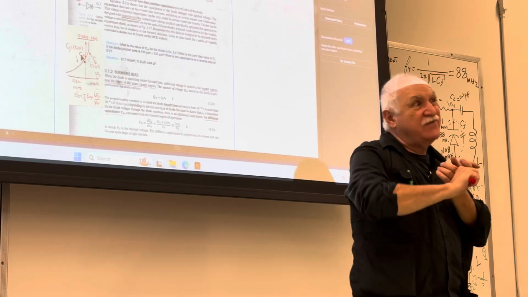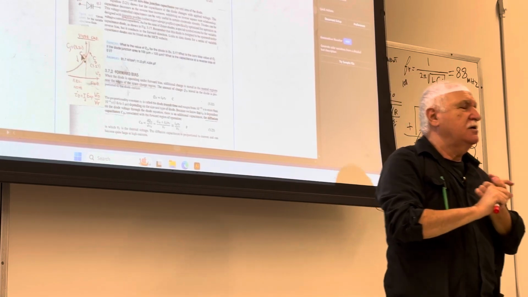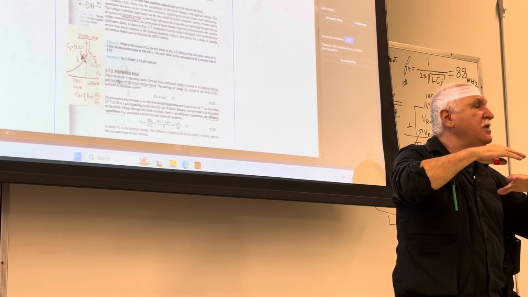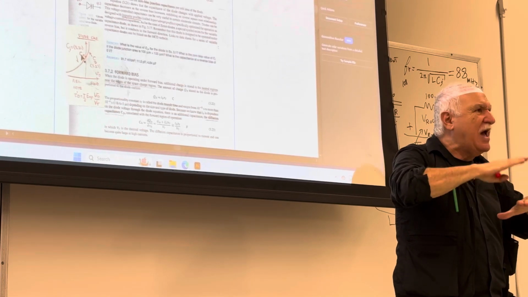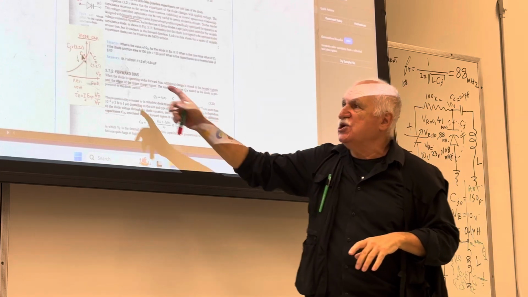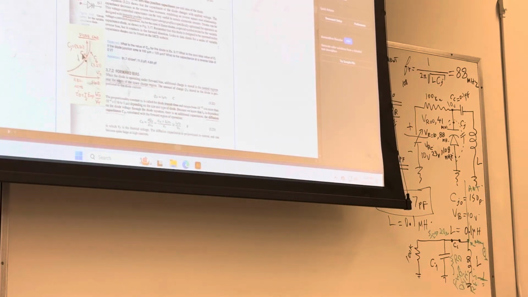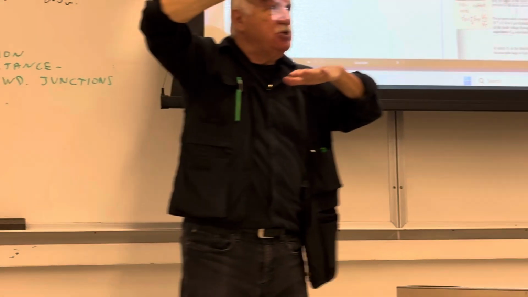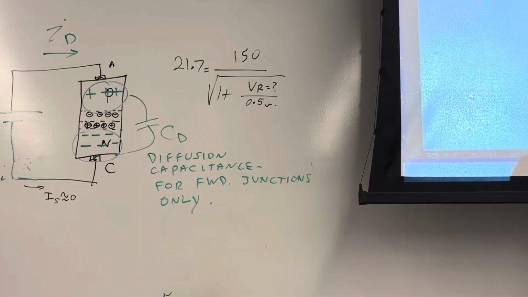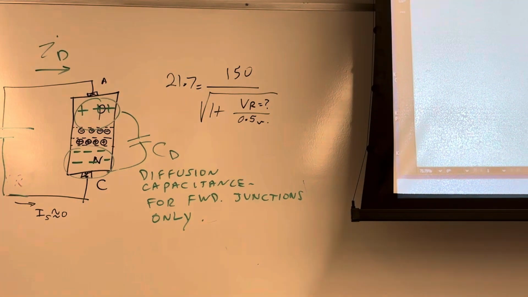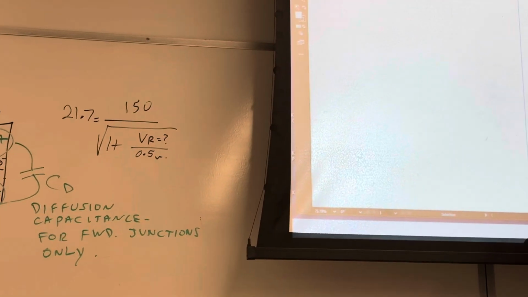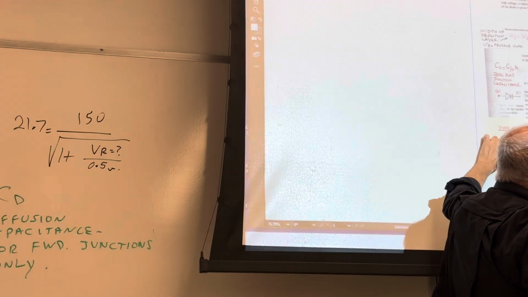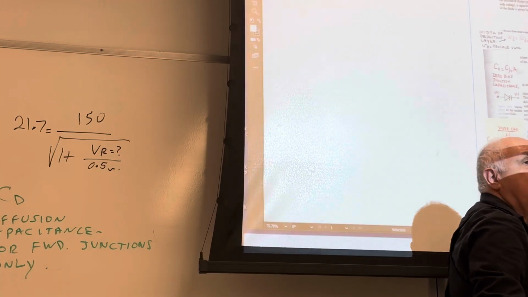What you can take from here is the following. Every junction, every P-N junction, wherever they border, they do have this junction capacitance. Either that junction has a reverse potential on it, then it follows this equation, or that junction has forward voltage on it, which follows this equation.